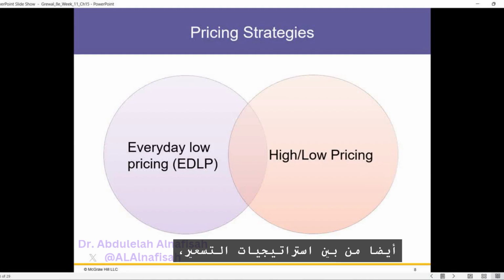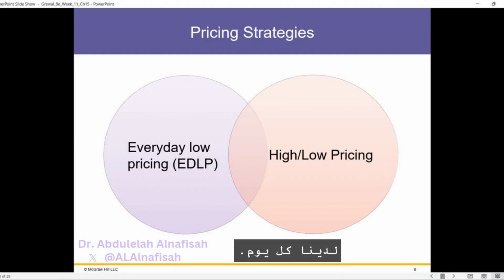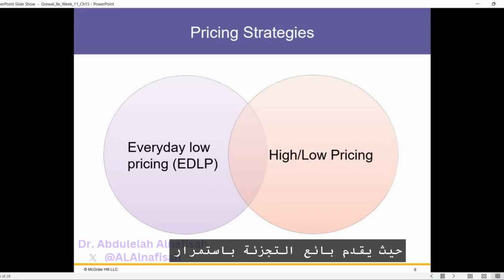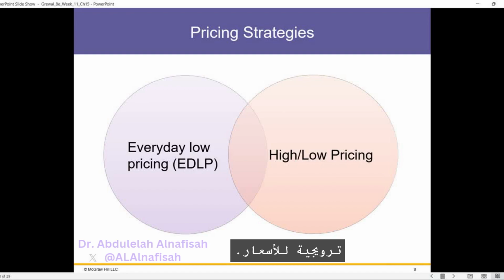Also, among pricing strategies, we have everyday low pricing, EDLP, and high or low pricing. Everyday low pricing is a pricing strategy where a retailer consistently offers low prices on all products without the need for frequent sales or price promotions.